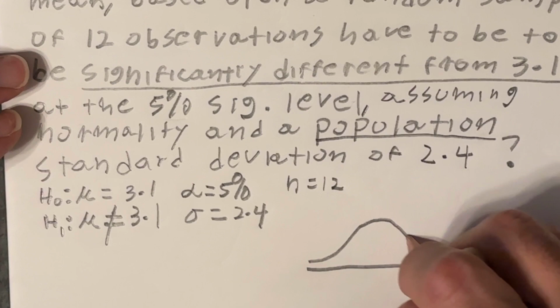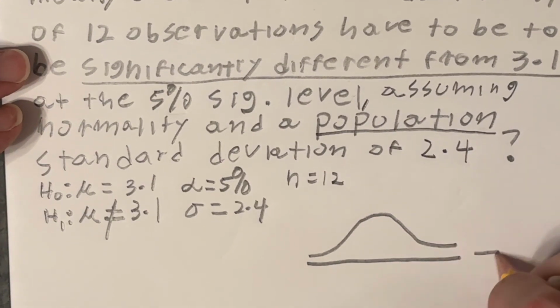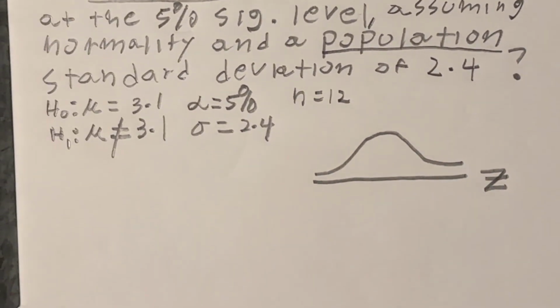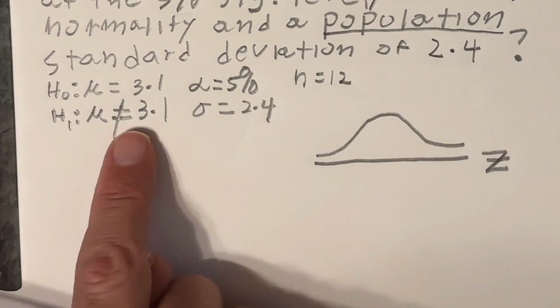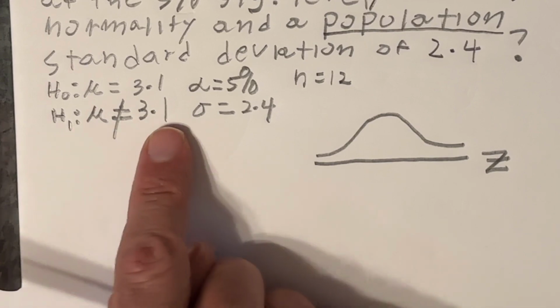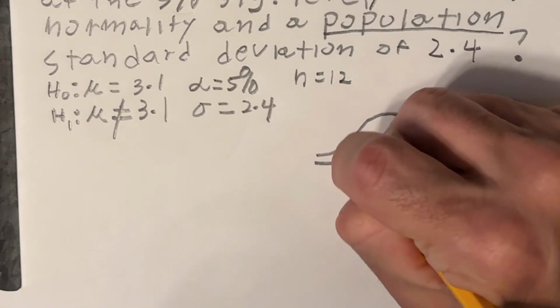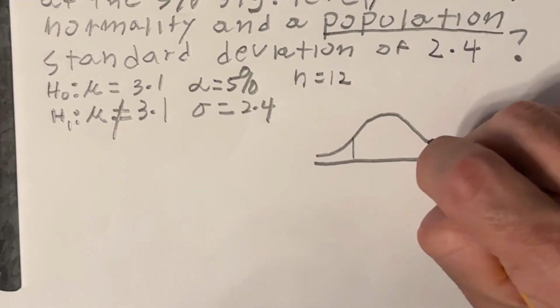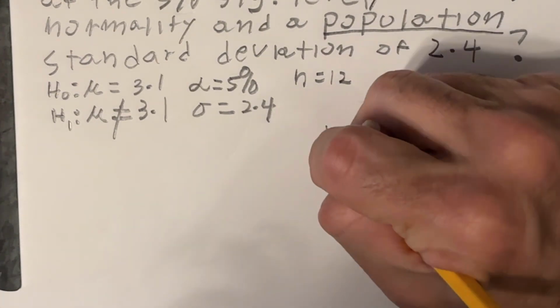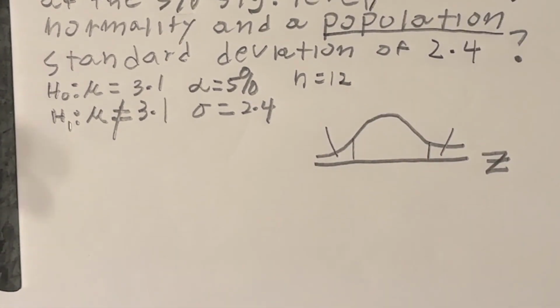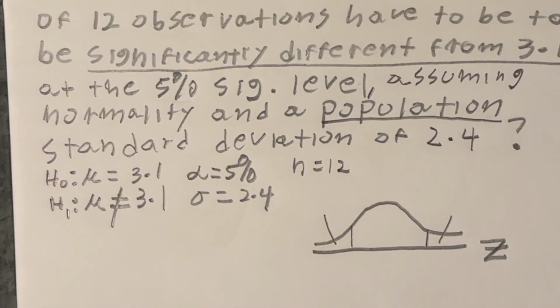So I'm going to draw a picture of the standard normal distribution, and we use the letter Z to represent the standard normal distribution. Now, if we have a two-tailed hypothesis test, that means our 5% of the type 1 error is shared on both tails of the standard normal distribution.